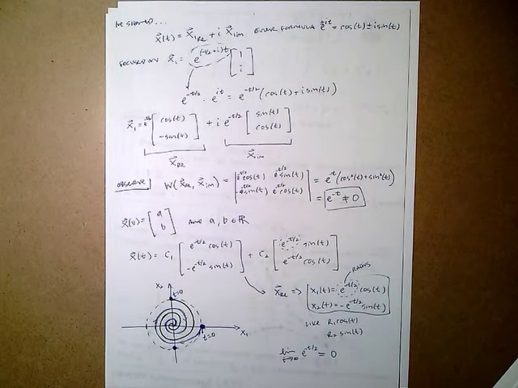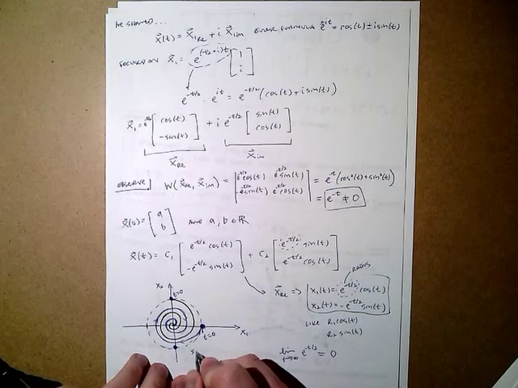So in this example, the limiting behavior is represented by spiral trajectories. Also, the equilibrium solution in this case is different than what we had when we had real eigenvalues, right? This type of equilibrium solution has a special name.